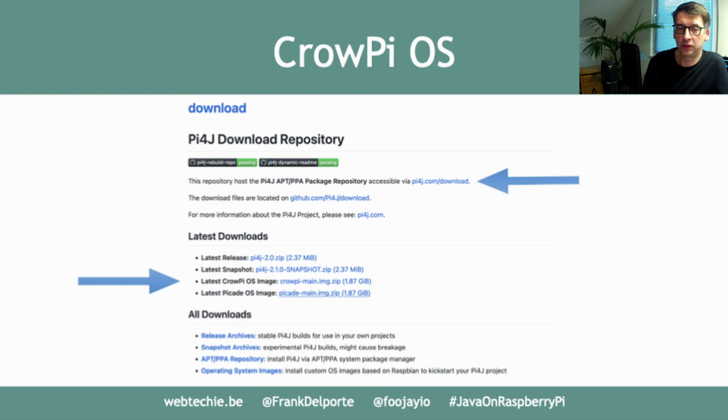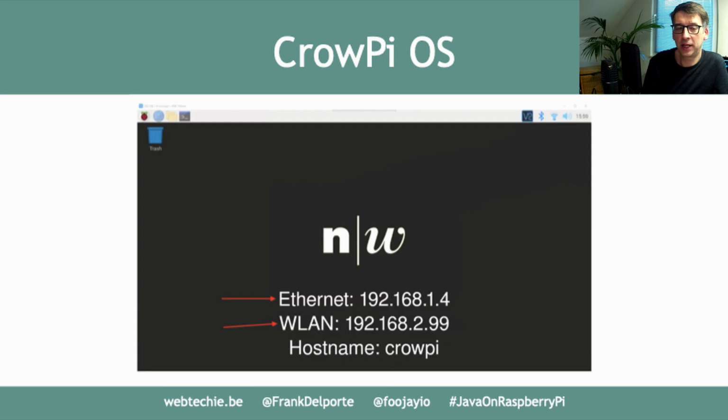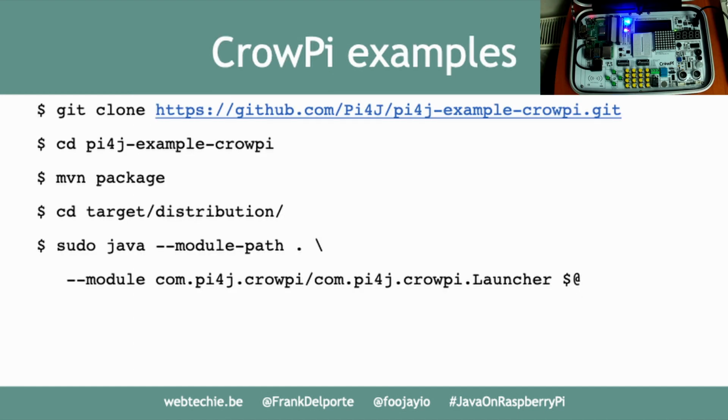You can download this operating system from the Pi4J /download page. You can build it, burn it to an SD card, and then you have your full operating system working. There are some nice additions here, like the Ethernet and the VLAN address is shown in the background of the screen, so you can find it back very easily, and you can connect through SSH.